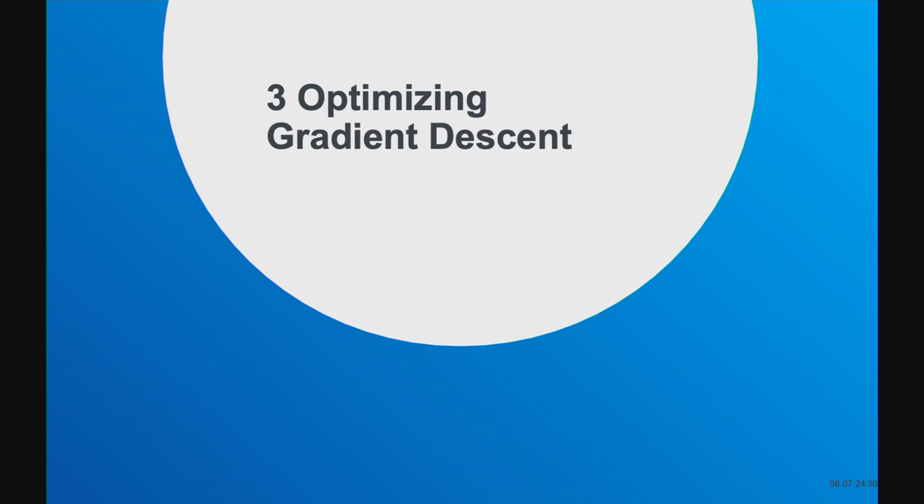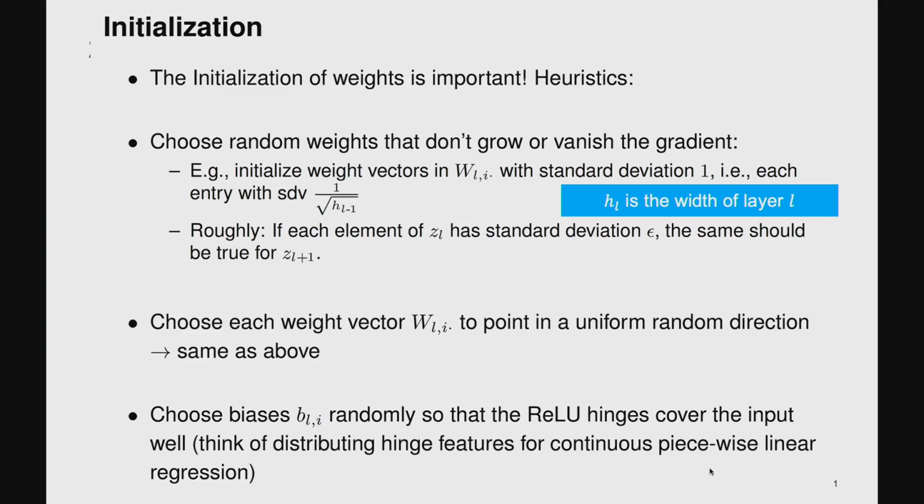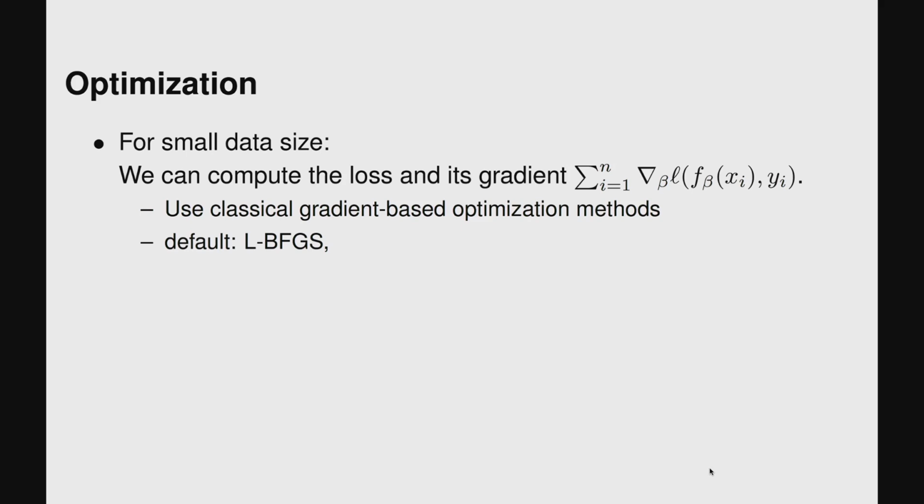So last time we were in the middle of looking at the optimization of gradient descent, and that comprised initialization and different kinds of optimization methods, which we treated rather shallowly.